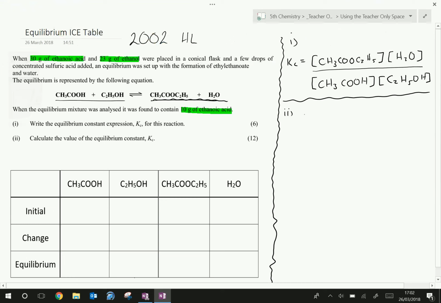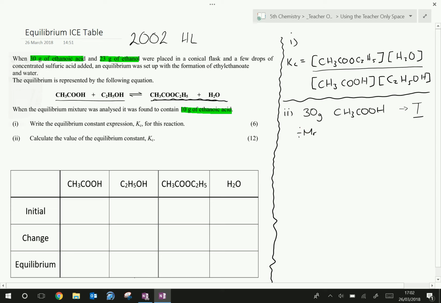So I have 30 grams of ethanoic acid, and that's initially, so that's placed into the conical flask, so that's an initial value. I'm just going to put an I beside it for initial. Now to turn grams into moles, I need to divide by the molecular mass of ethanoic acid.